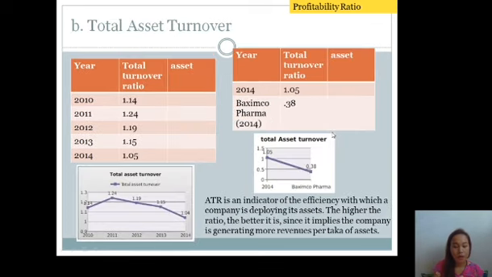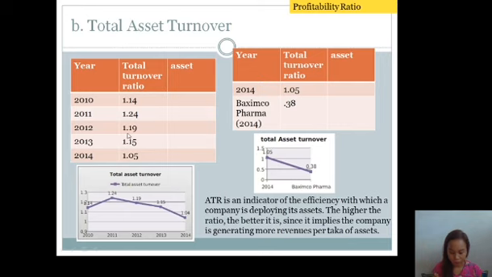The other profitability ratio is the total asset turnover. The total asset turnover is an indicator of the efficiency with which a company is deploying its assets. The higher the ratio, the better it is, since it implies the company is generating more revenues per taka of assets.